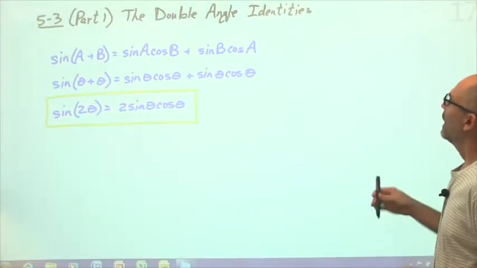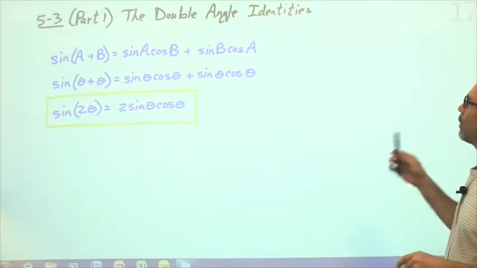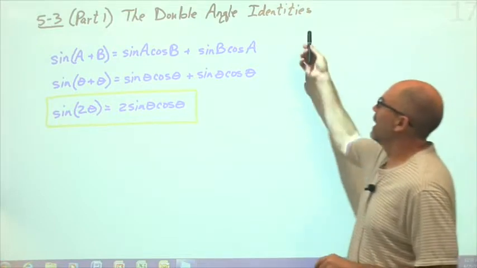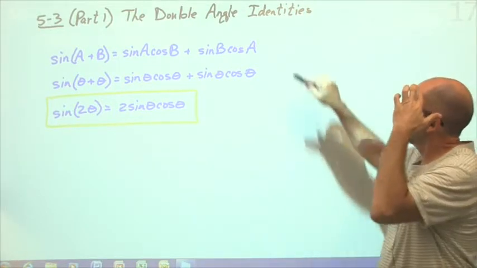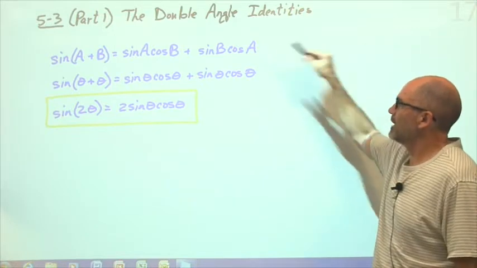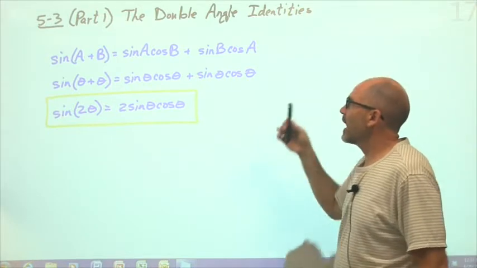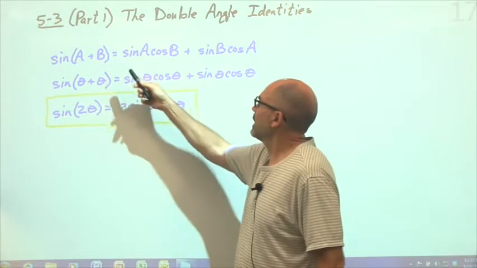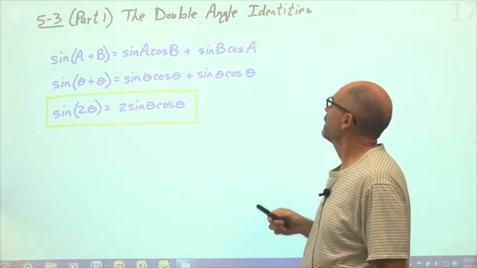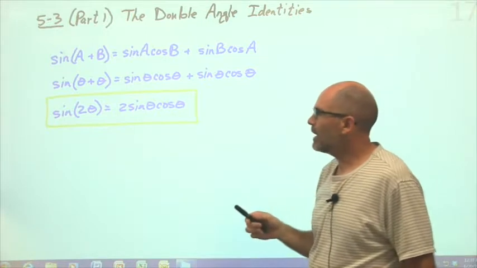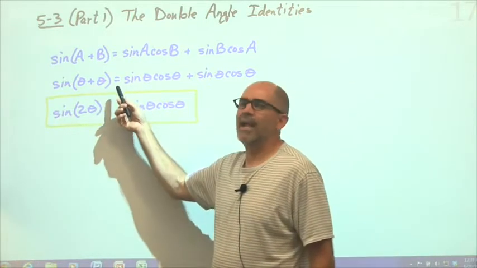Okay, so the next part is the double angle identities, and this really comes from the sum of the angle identities. So sine of A plus B we know equals sine A cosine B plus sine B cosine A. Now, let's make A and B the same angle.